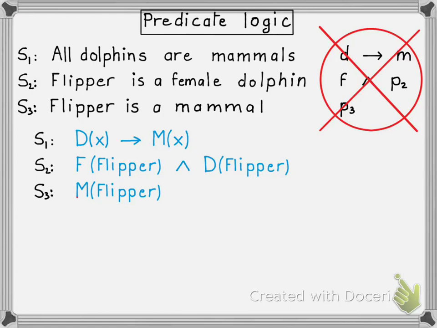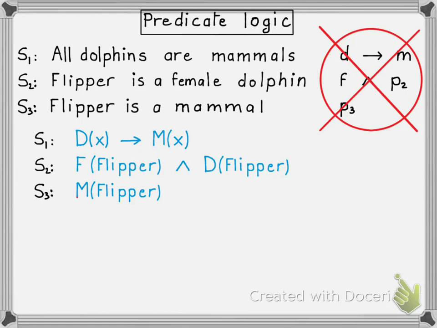And so, not only does S1 now directly relate to S2, but even more importantly, S1 also has something in common with S3, namely the predicate mammal, which appears both here and here.